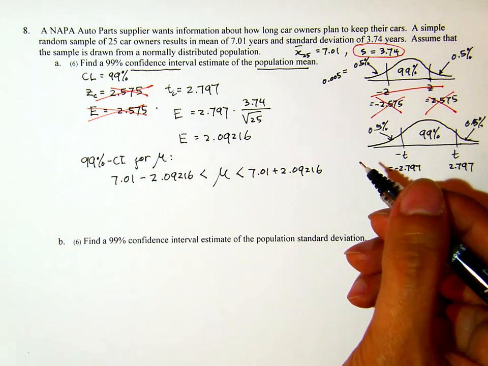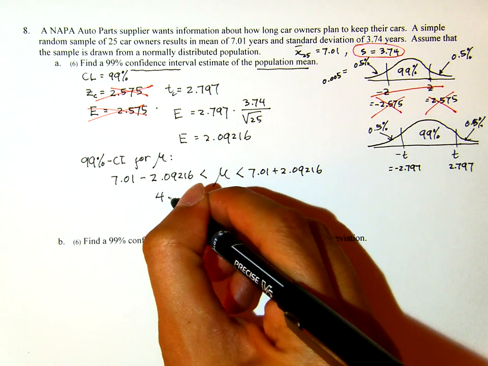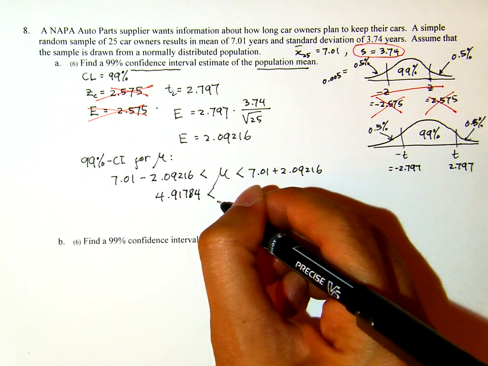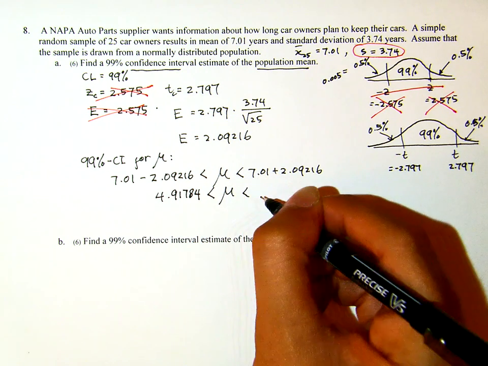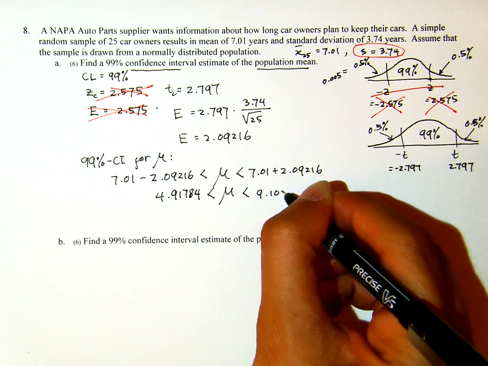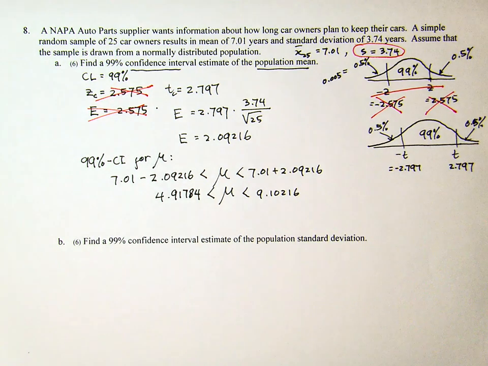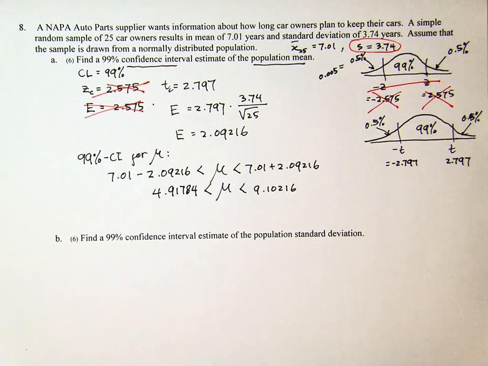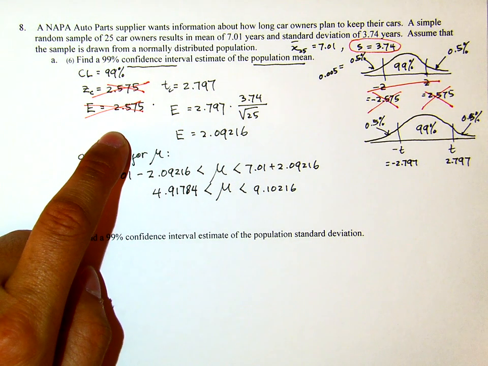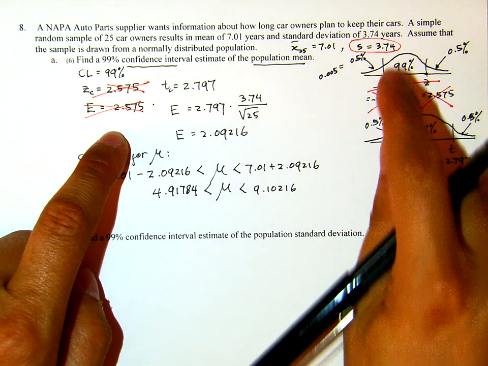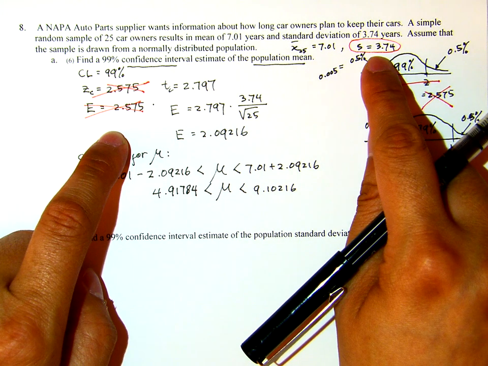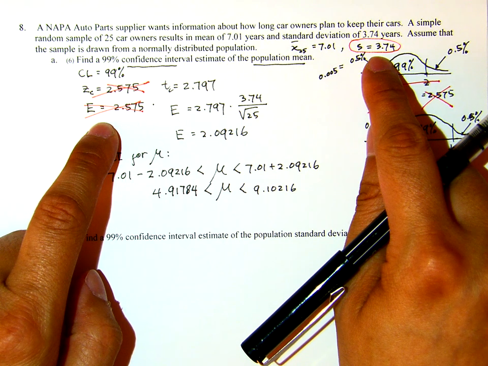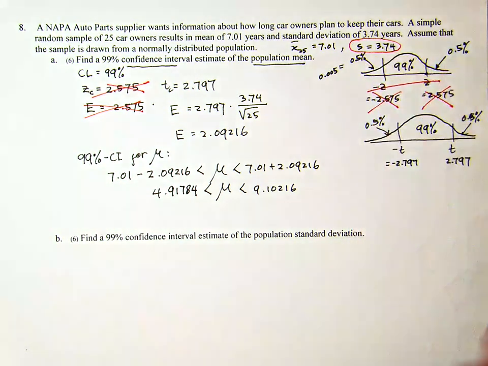On the left hand side, I will get 4.91784 less than mu less than 9.10216. Okay, but that's the confidence interval for the population mean. Now, I hope you see the mistake that I made. The given is the sample standard deviation, therefore I will not use the Z distribution when I try to find the confidence interval for the population mean.